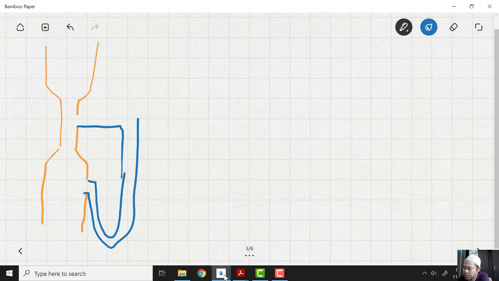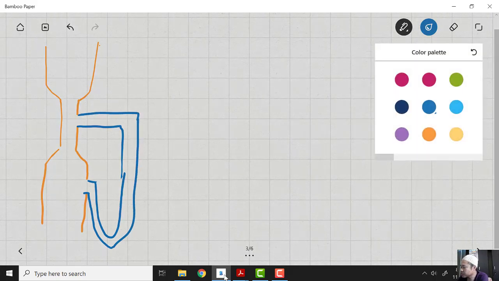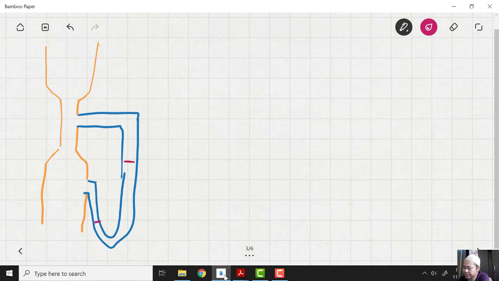My picture is not very good. Here we have manometric fluid.